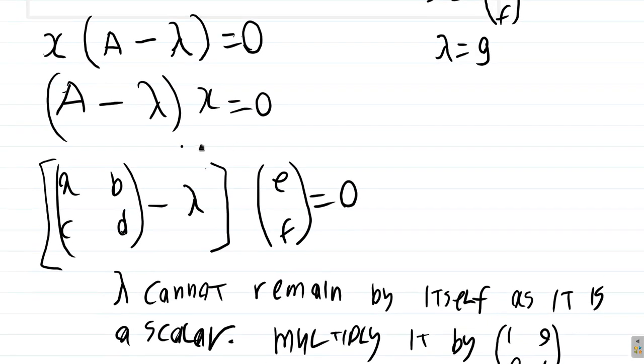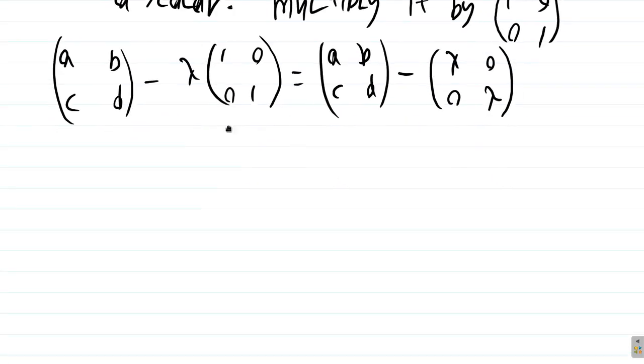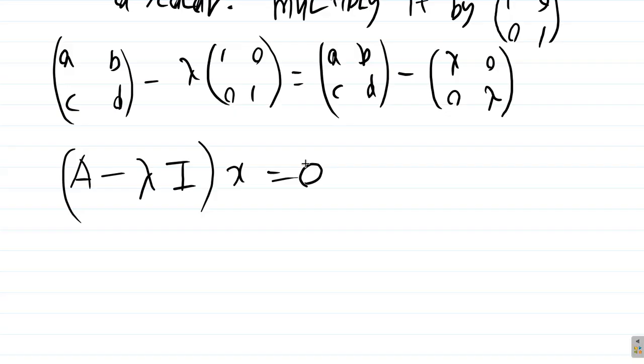So what you must have is A minus lambda I times x equals 0. Good. Now, suppose you look at this and you say, how do you find x?